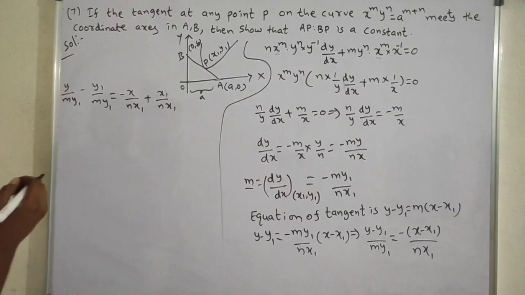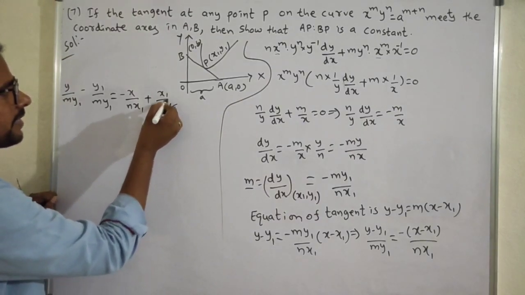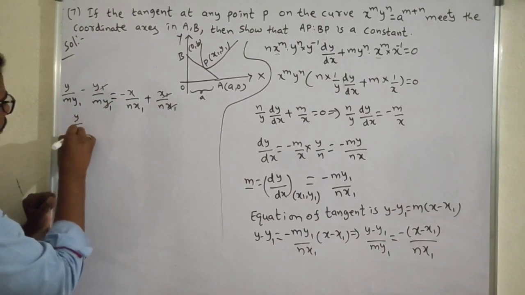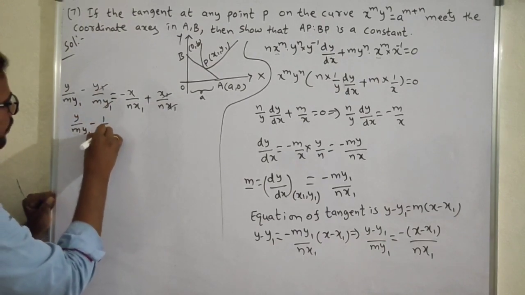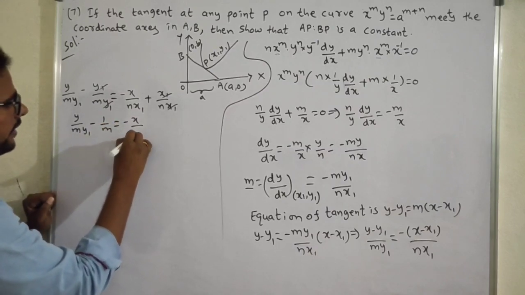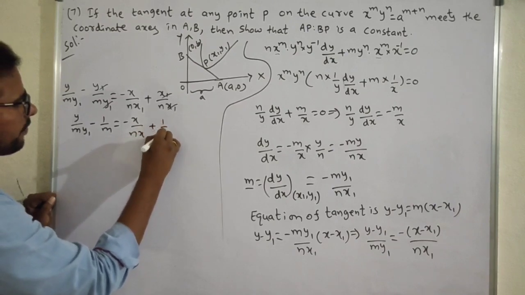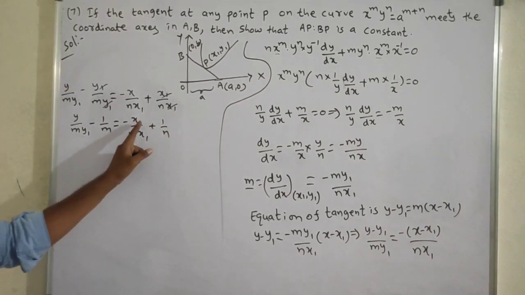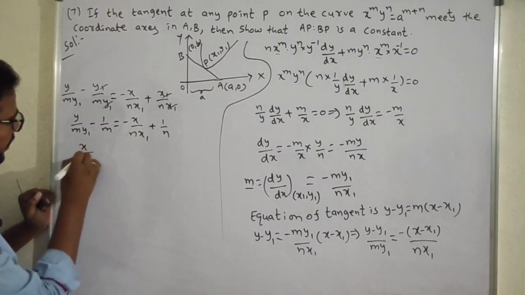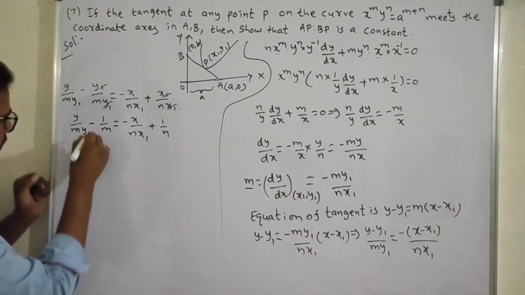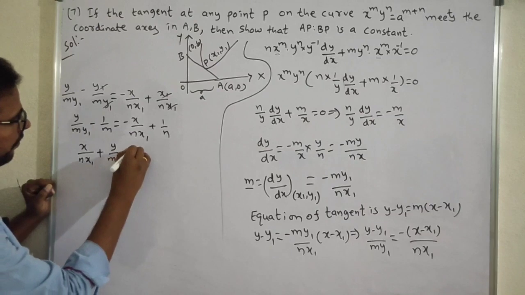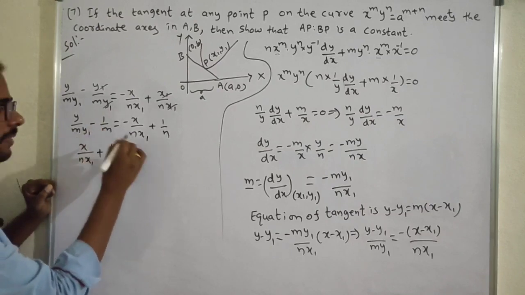Do cancellation if possible: x1 gets cancelled, y1 gets cancelled. So remaining y by m y1 minus 1 by m is equal to minus x by n x1 plus 1 by n. Send this x term to the left side, negative becomes positive. So x by n x1 plus y by m y1 is equal to 1 by n, minus 1 by m becomes plus 1 by m.